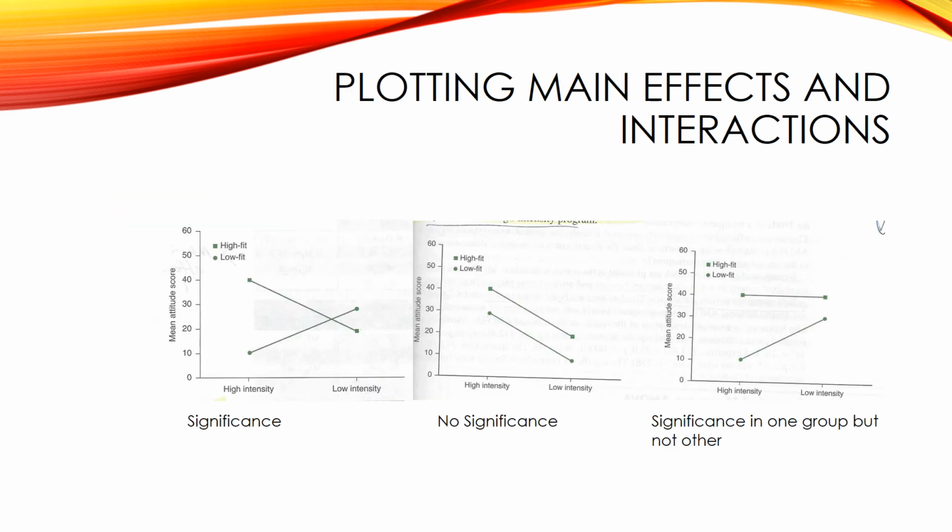So when we plot main effects and interactions, we look at the significance and non-significance when we plot our means.